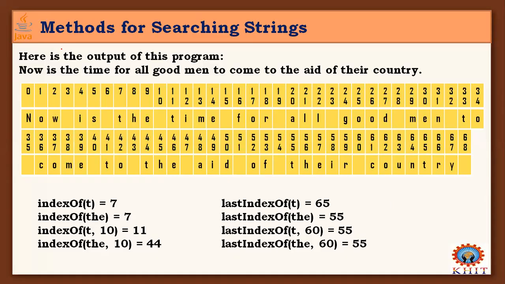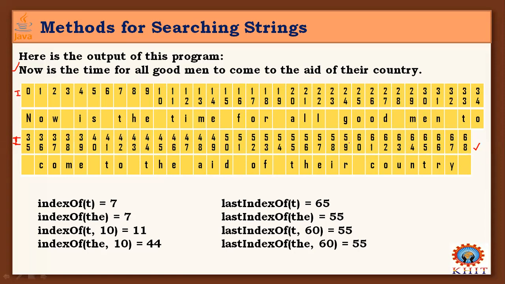Okay, come to this example output. So this is the given string: Now is the time for all good men to come to the aid of their country. So these are the indexes of that string. The total is a 68 character sequence, a long string, 0 to 68.